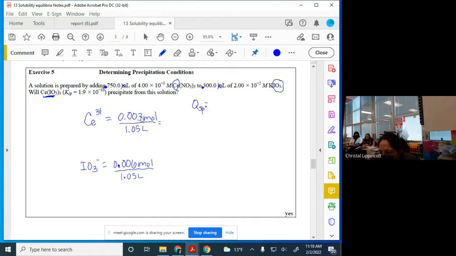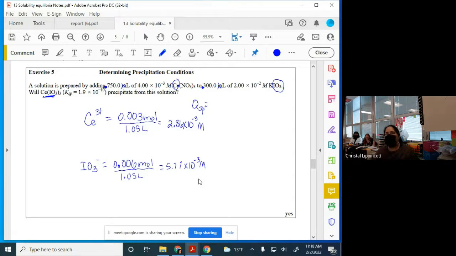So for this one, it ends up being 2.86 times 10 to the minus 3 molar. And this one ends up being 5.71 times 10 to the minus 3 molar.